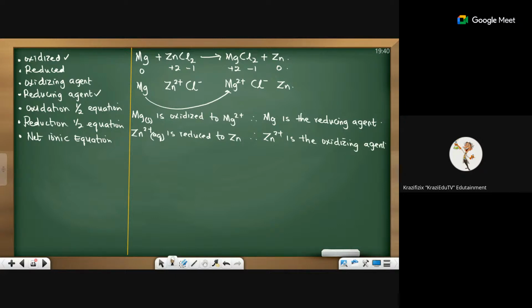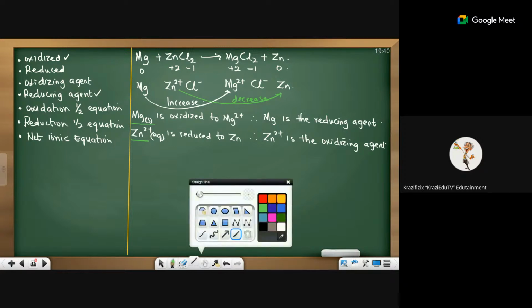Again, this one is increase. That's why we call it oxidation. And here is a decrease. That's why we call it reduction. Take note of what I'm writing. It is Mg and zinc 2. Pick our answers from the left-hand side.